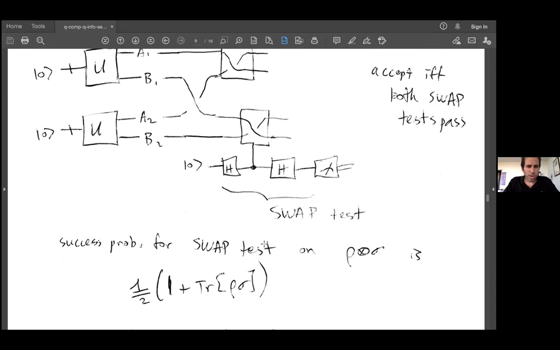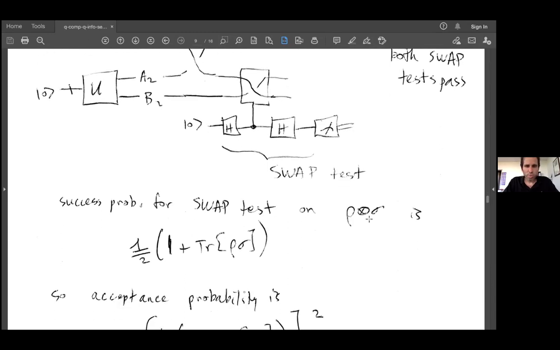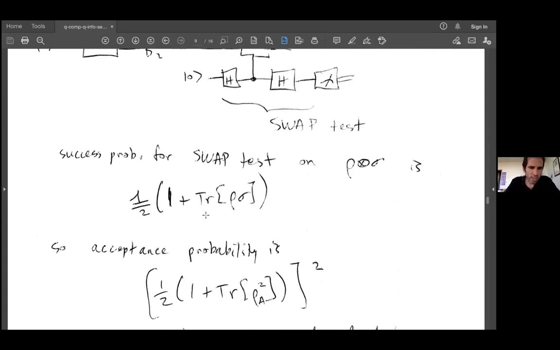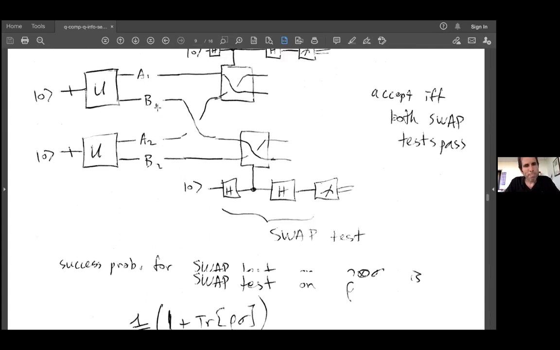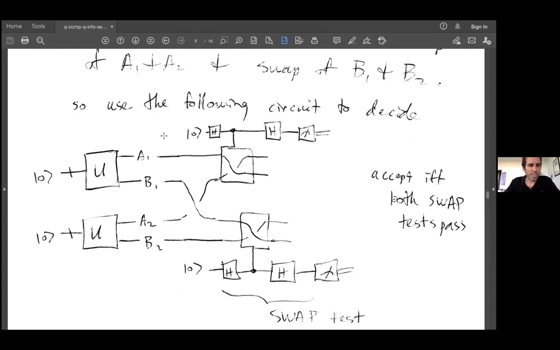If you do the swap test on a tensor product of mixed states, the success probability will be given by this. That's something you can prove. It's a nice exercise. Now for a pure bipartite state, let's assume that the state is general, right?